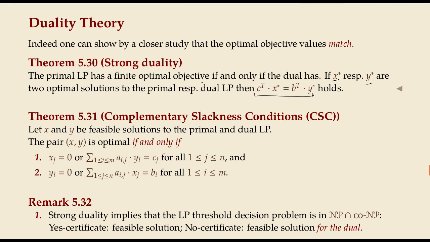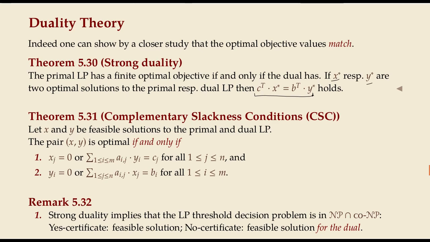So the first sentence deals with the case that an LP can actually be infeasible, so it doesn't allow any feasible solution just because the constraints contradict each other, or it could be unbounded if you can make the solution better and better, then the dual is infeasible. But if neither of those happens, this is an if and only if. So there's a finite optimal vector for the primal if and only if there's one for the dual. And in this case, you can pick two optimal such values, and then their objective values are equal.